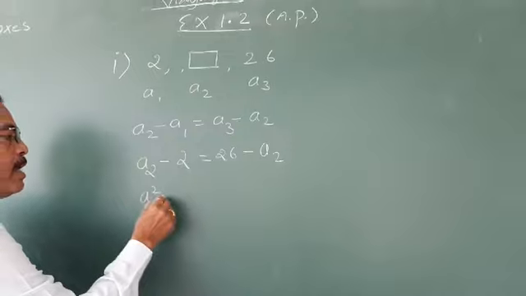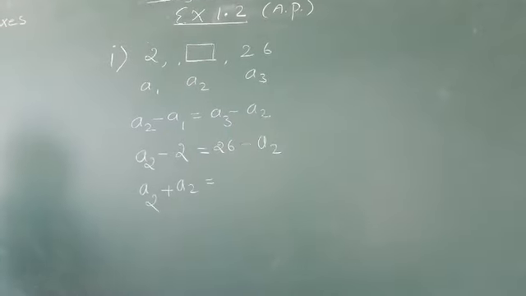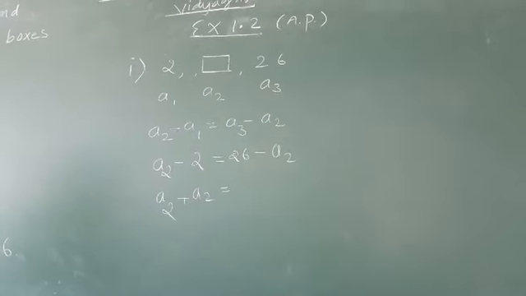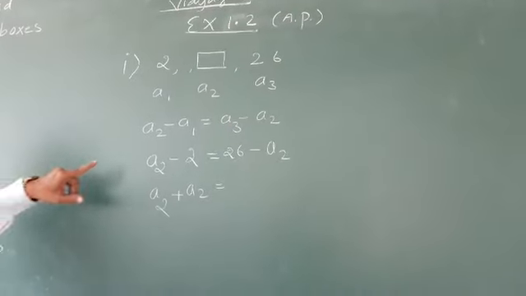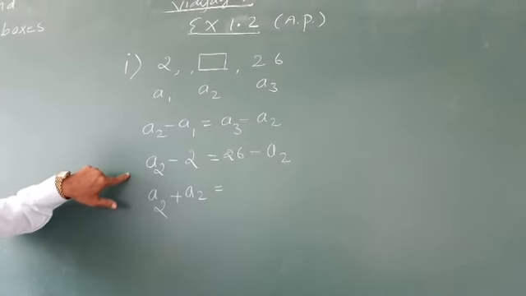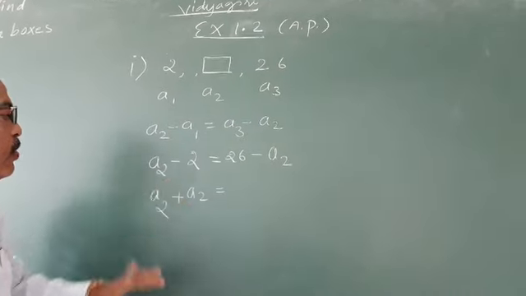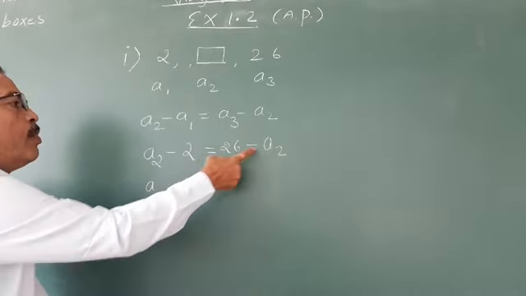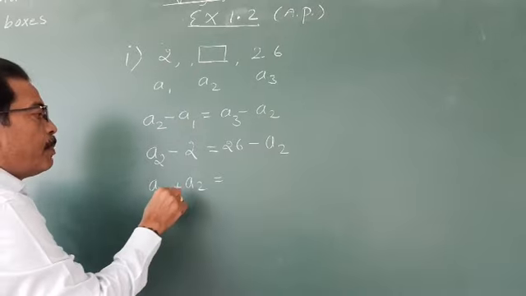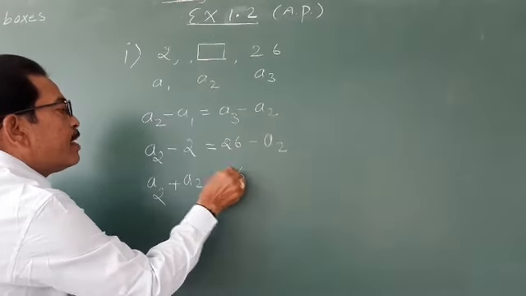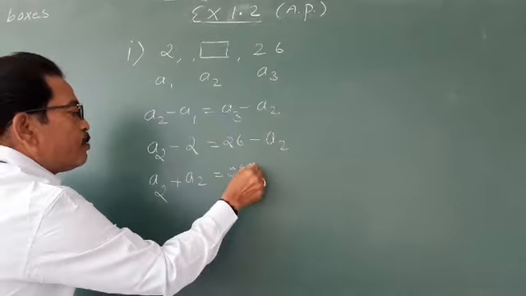A2 minus A1 equals A3 minus A2. A2 we have to calculate, where A1 is 2 and A3 is 26. Then A2 minus 2 equals 26 minus A2, so transferring, plus A2, 26 plus 2.